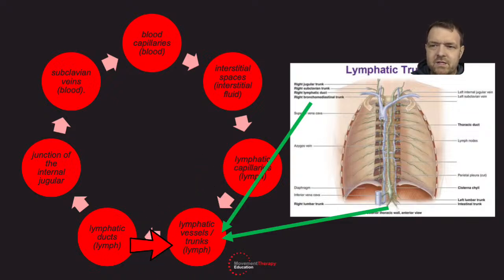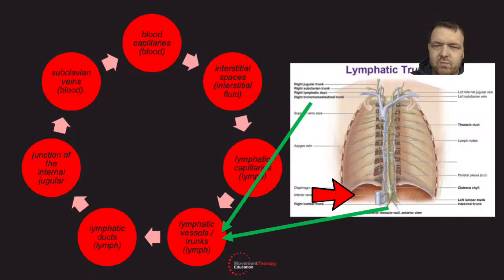Then they've gone through the nodes and now they're going into the trunks, which are bigger vessels. It's all been cleaned up by that point, and then it goes into the ducts, which are up here. We briefly touched on those and will go into them in more detail. So, the ducts and the trunks.